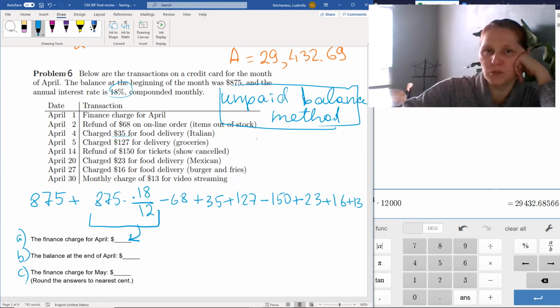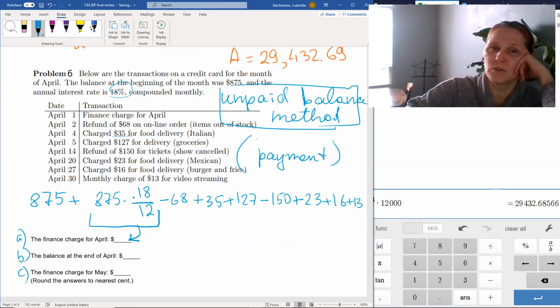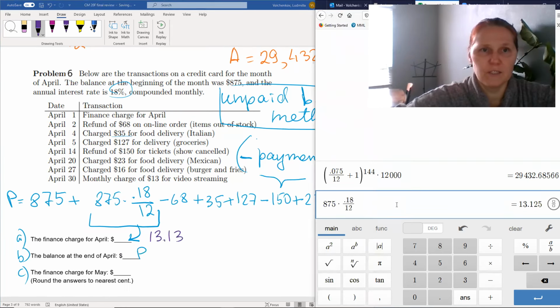And usually there is also a payment. So here in this example, there's no payment. If there is a payment, then you also subtract the payment. This will be the balance, the finance charge for the previous month.